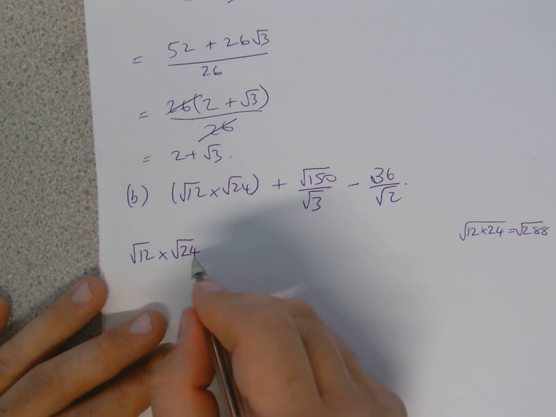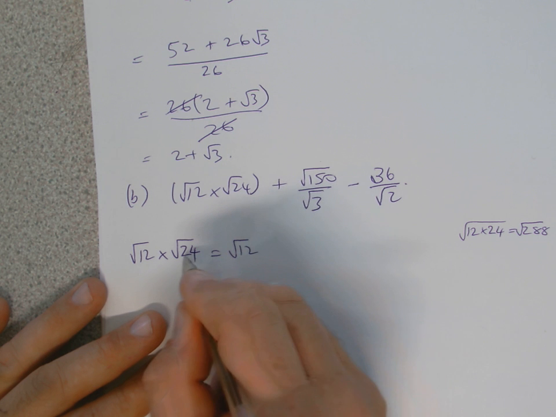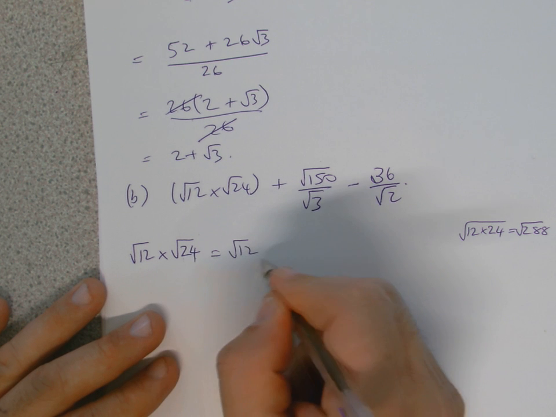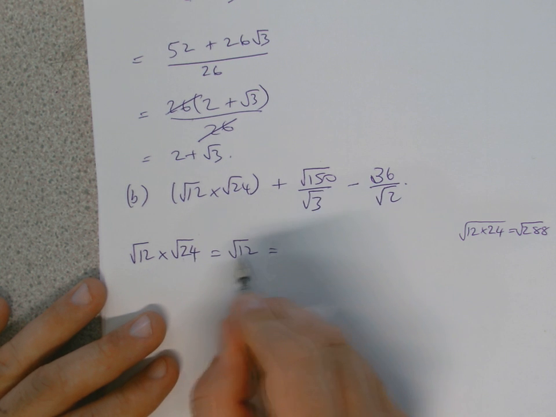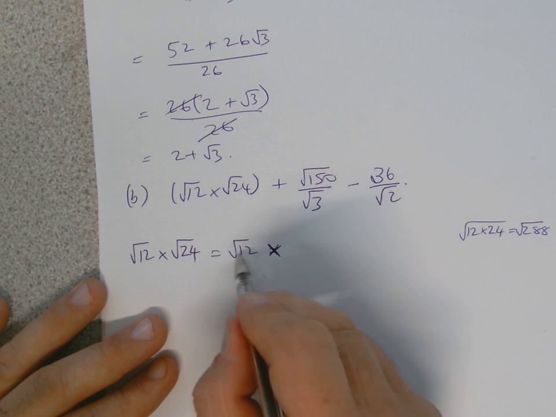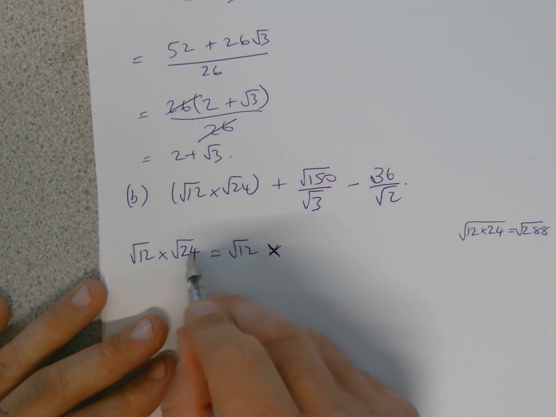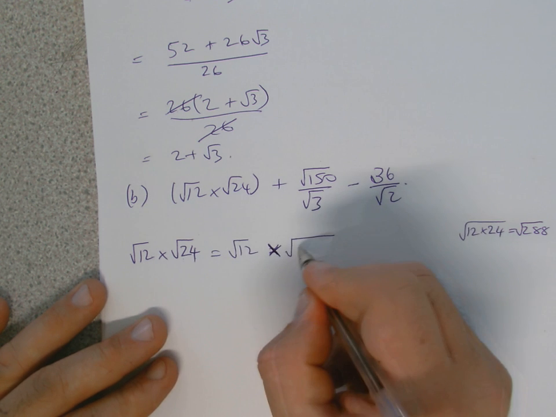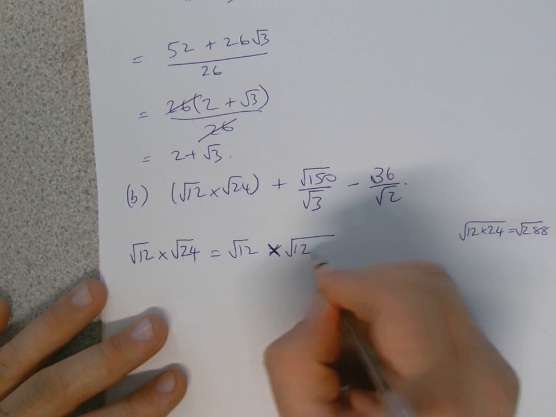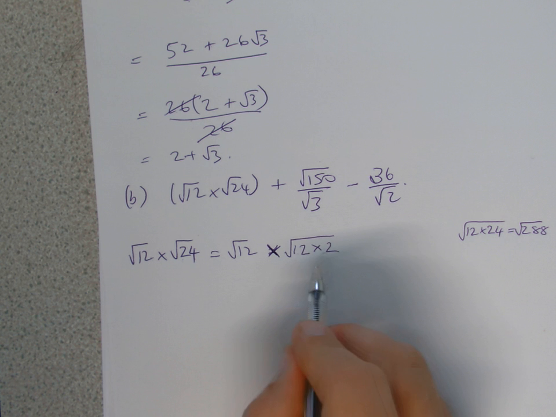We could split 24 up. Now, I know we usually split them up so that one of them is a square number, but in this case, because I've got a root 12 here, when I've got root 12 multiplied by this, you can think 12 goes into 24, doesn't it? So you can think of 24 as 12 times 2.